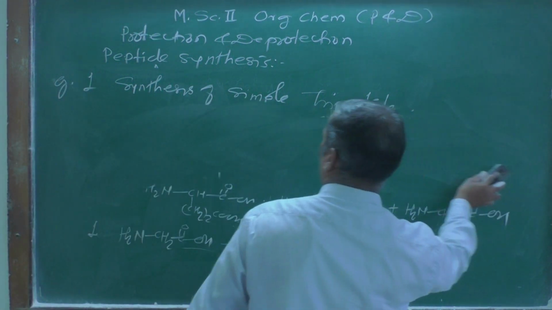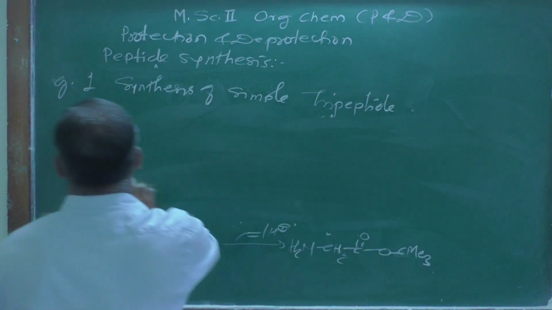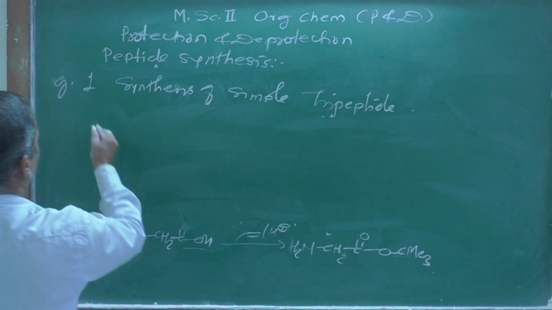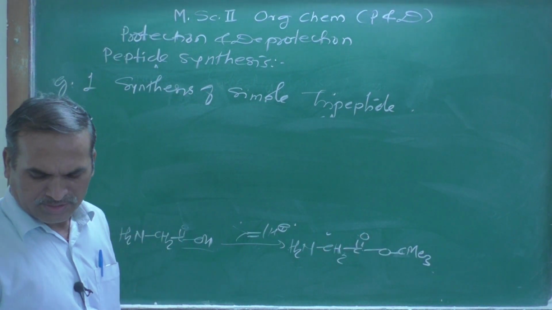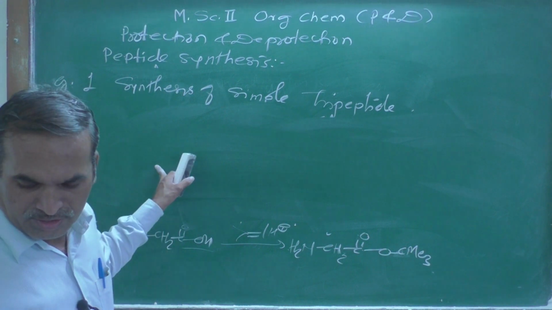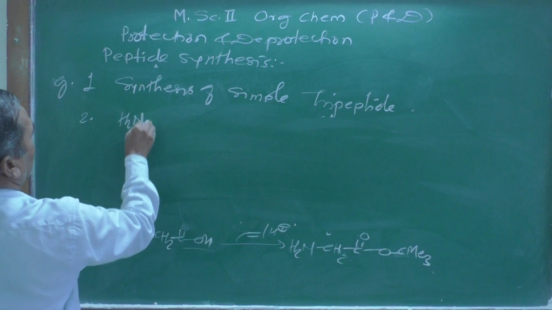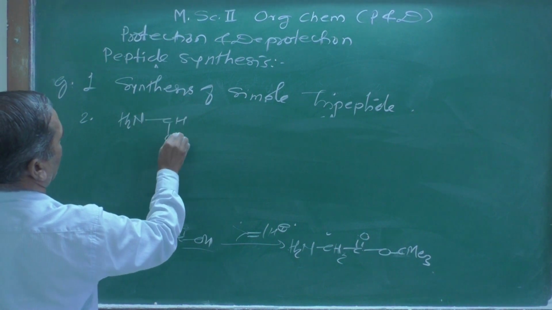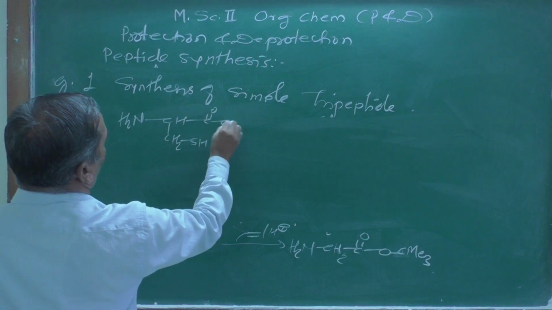Now in the second case, let us see here. What is happening? What is that second one? We are considering here cysteine. The structure of cysteine is this one. Then CH, CH2, SH, then C double bond OH.